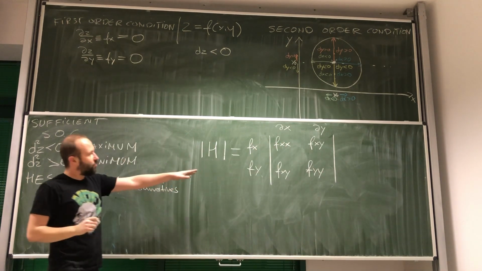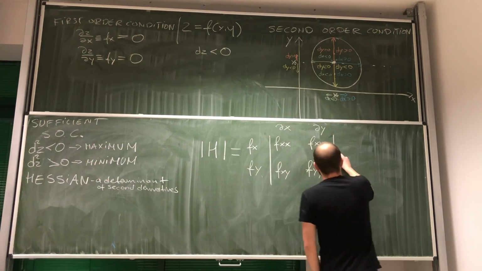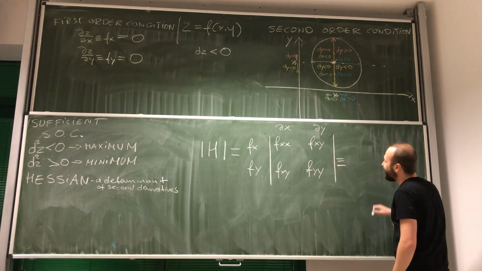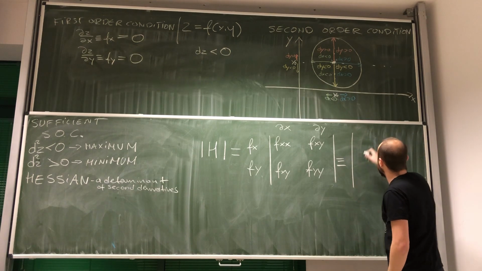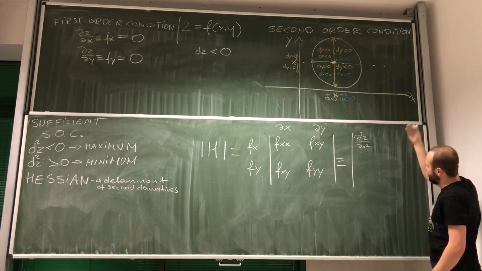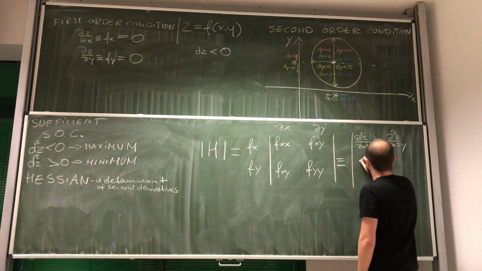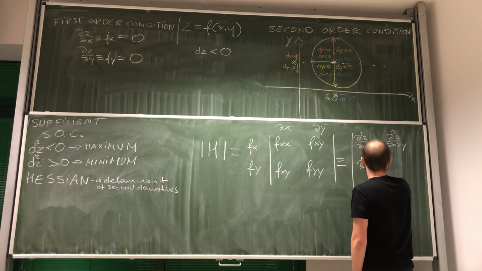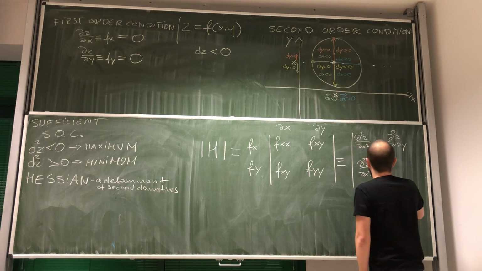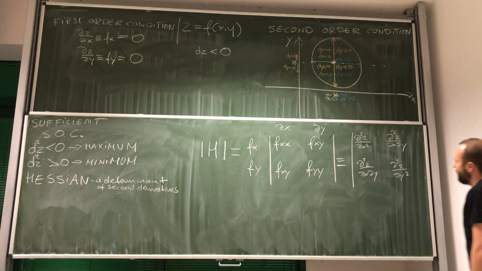Remember that those are Newton notations, and this means exactly the same as the partial derivative of z with respect to x, so d squared z dx squared, then here we have d squared z dx dy, d squared z dx dy, and d squared z dy squared.